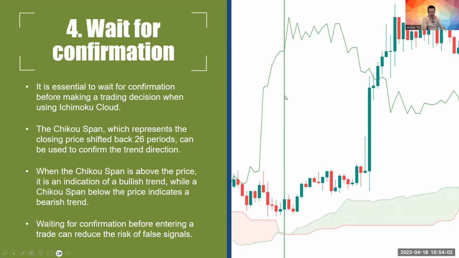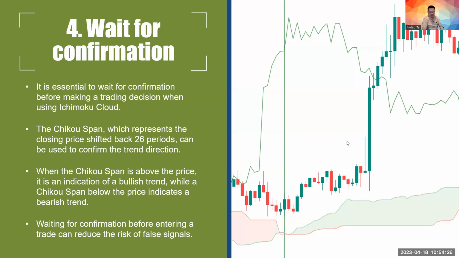Remember that when the Chikou span, this green line here, is above price, it is an indication of a bullish trend. And naturally, the further away it is from the candlesticks, the more it shows that there's potential for bigger moves to the upside.